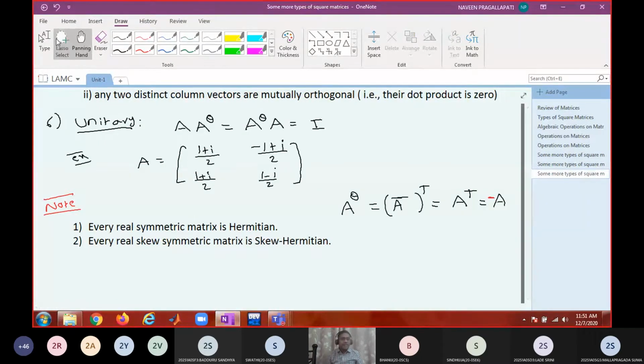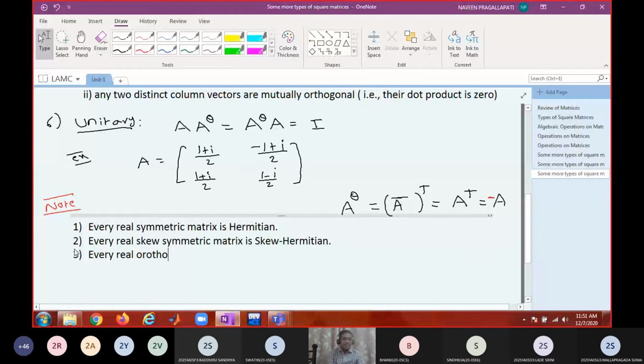Okay. What could be the other result I can say? Every real orthogonal matrix is what? Can you tell me?